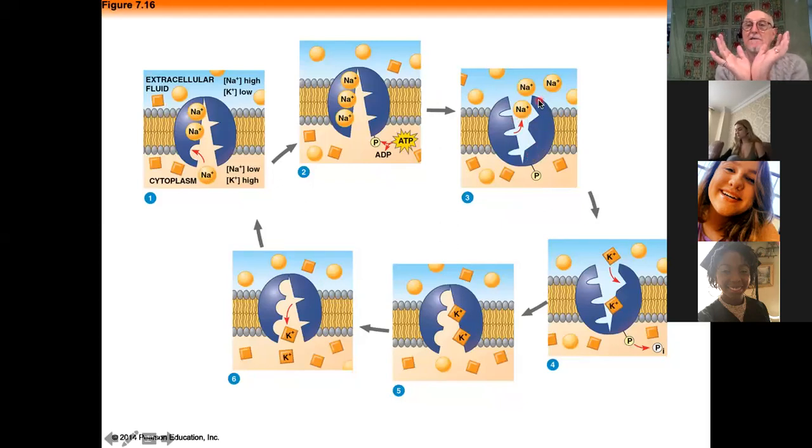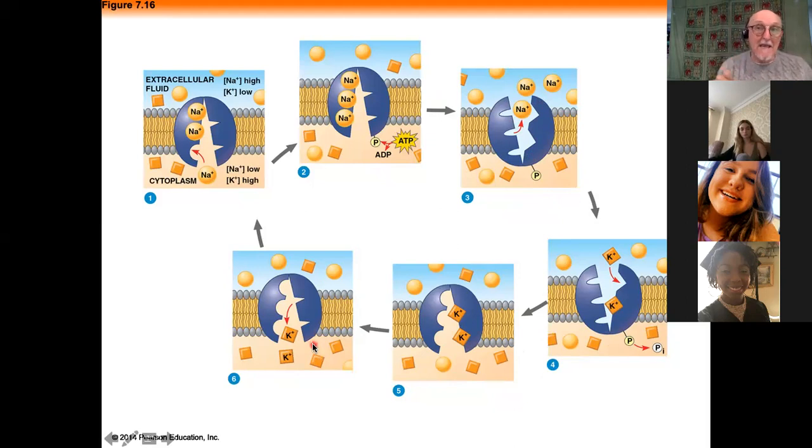Once it's open to the outside like this, it binds potassium. When it binds potassium like that, it loses its ability to hold on to the phosphate, and it dephosphorylates. When it dephosphorylates, it returns to its original shape. And it, at the same time, loses its ability to bind potassium. So it liberates the potassium to the inside.